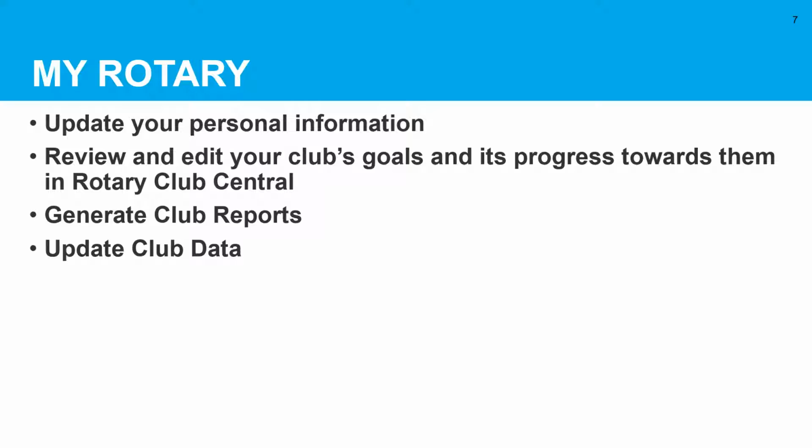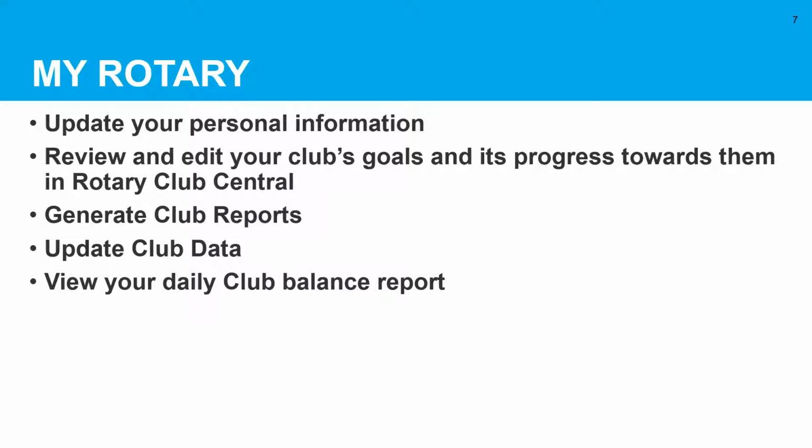And then the club data is another thing that we have to make sure that we're updating from time to time. Our venues change, our times change. Maybe there are lots of things that may change within the club, and you want to make sure that that's current for Rotary.